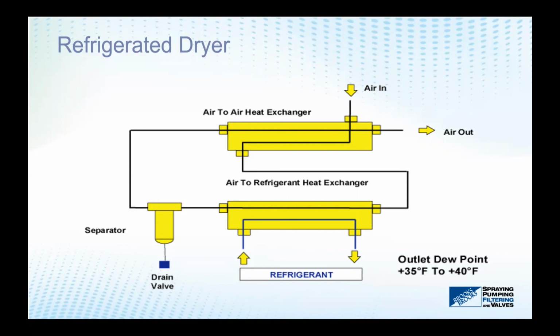Or again, if the air is coming in contact with the product, or if there's some kind of critical application, that would negate the use of this dryer. But our company makes about 30,000 of these refrigerant type dryers worldwide every year. So there's all kinds of applications for them. It's just when you get to a certain type of application, you have to go to a desiccant type dryer in order to drive the dew point down further.